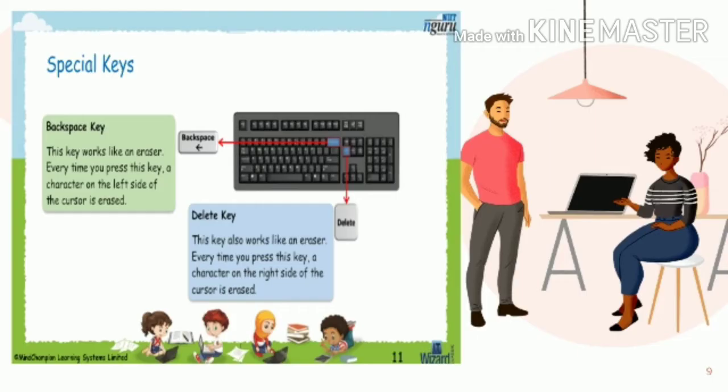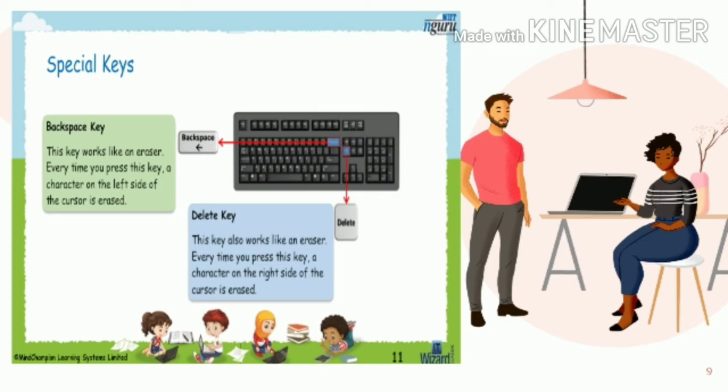Now next is the delete key. This key also works like an eraser, and every time you press this key, a character on the right side of the cursor is erased. It is similar to the backspace key, but there is a little bit of difference between the backspace key and the delete key. Let's give an example of how the delete key works.